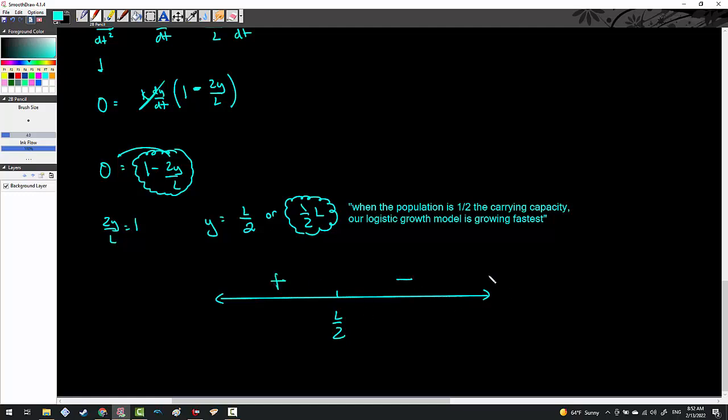So therefore, if I was to justify this on the AP exam, I would say d squared y over dt squared goes plus to minus at y equals L over 2, and therefore dy over dt has a max. And that is why this statement is true. Sorry, I kind of did that backwards there. So hopefully that makes sense. When the population is growing fastest, it's going to be when the population is 1/2 of its carrying capacity.